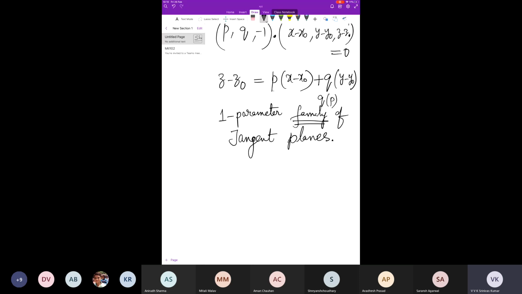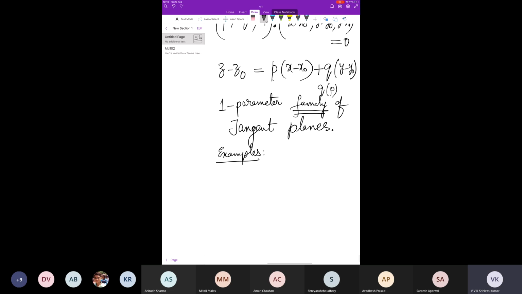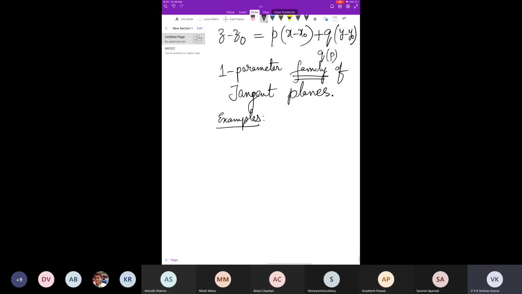So in general, I'm giving some examples. Suppose we take a one parameter family of circles. Suppose we have x, y, and z.